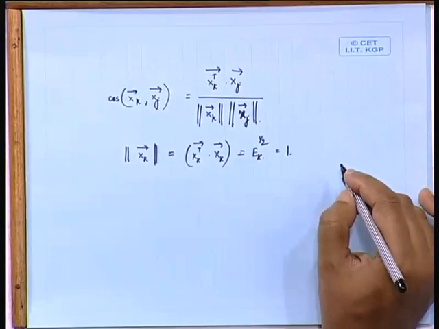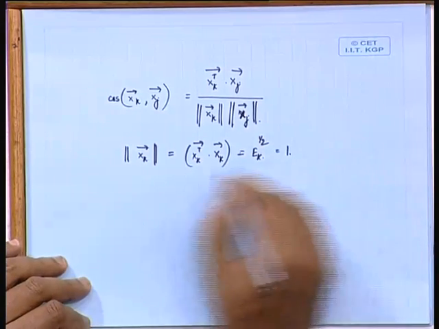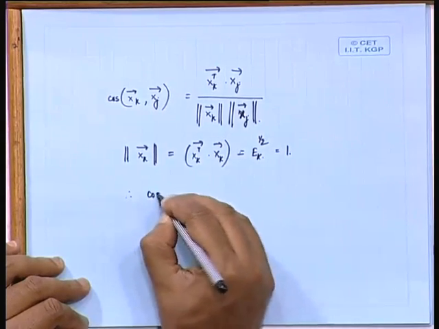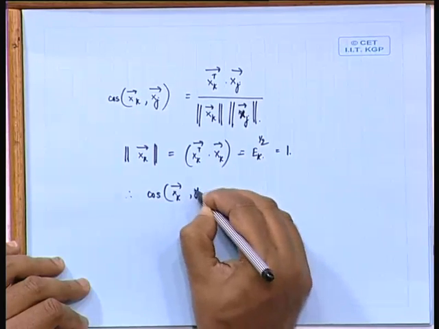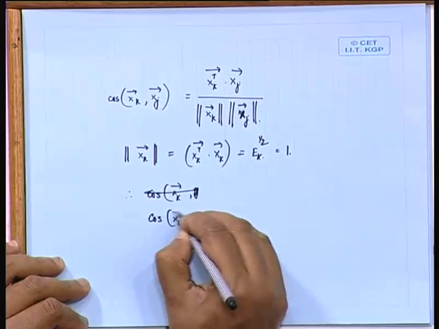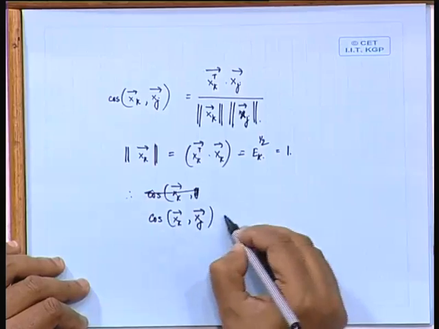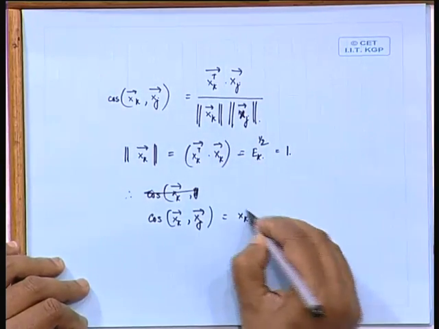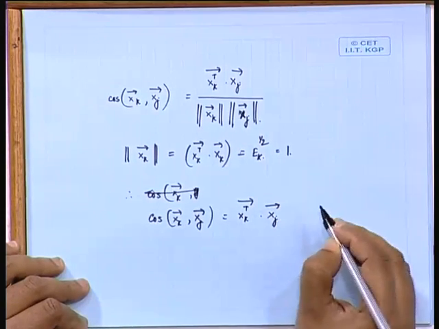So, therefore, we get the cosine of x_k comma x_j simply from the numerator term, that is x_k transpose x_j.